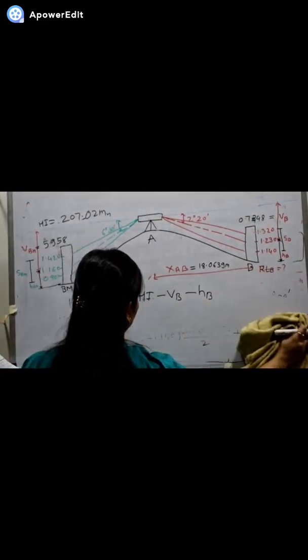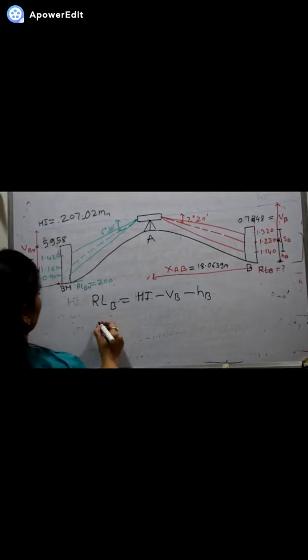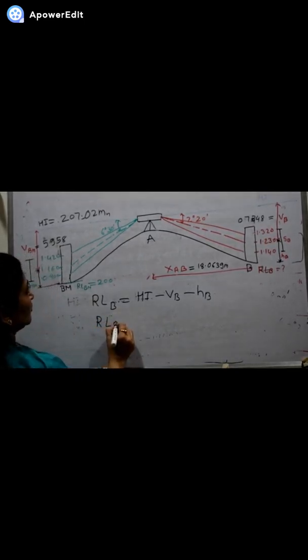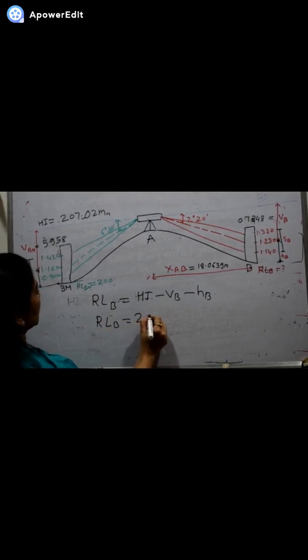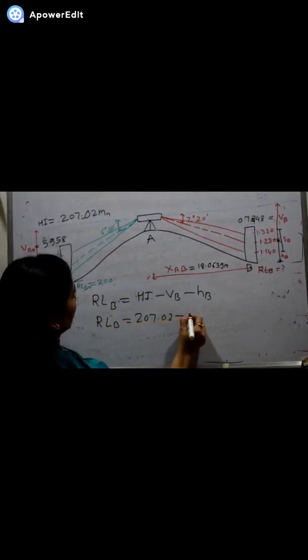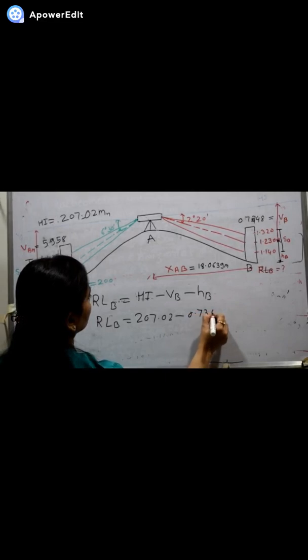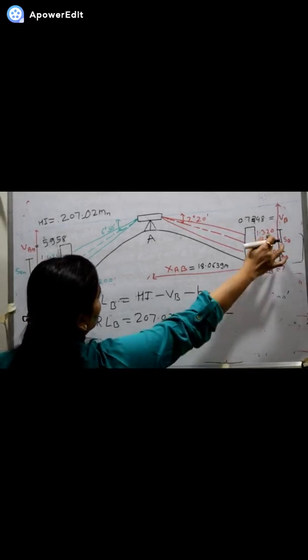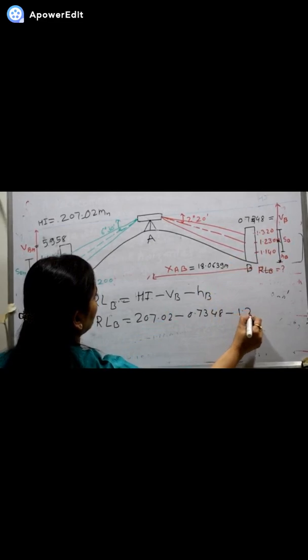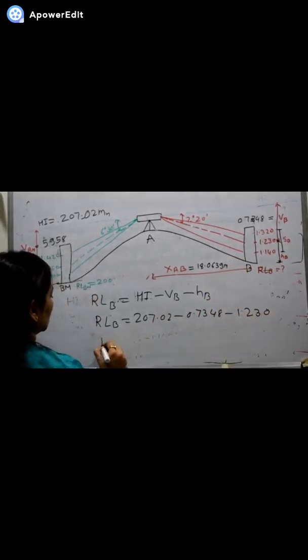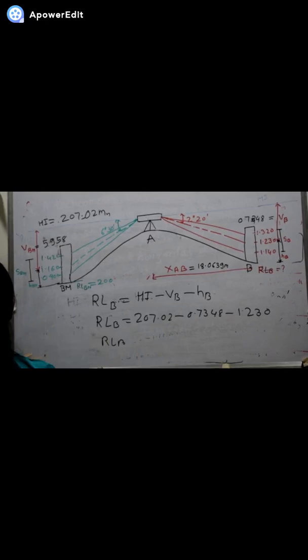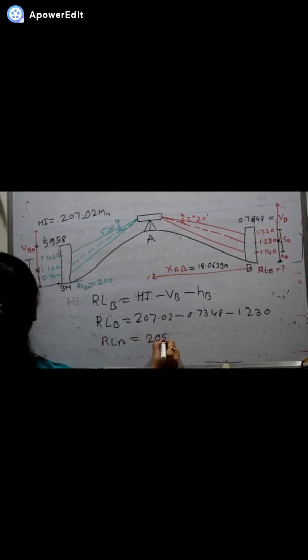If we put this value in the above formula, we can calculate the RL of B. RL of B is equal to 207.02 minus 0.7348 minus HB, that is middle hair reading, it is 1.230. So the RL of B is equal to 205.06 meter.